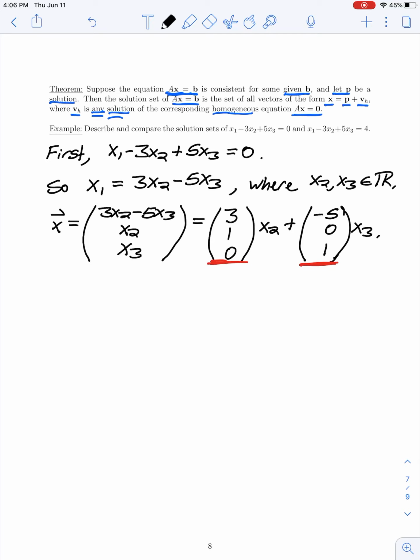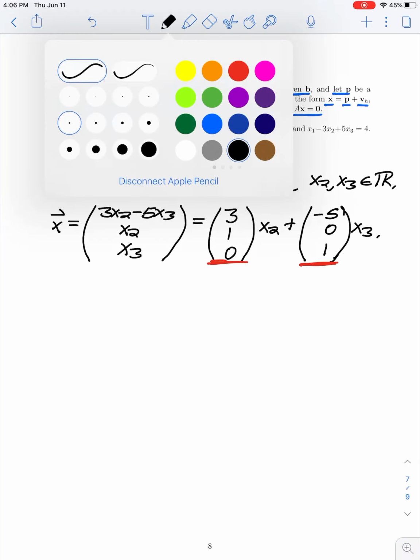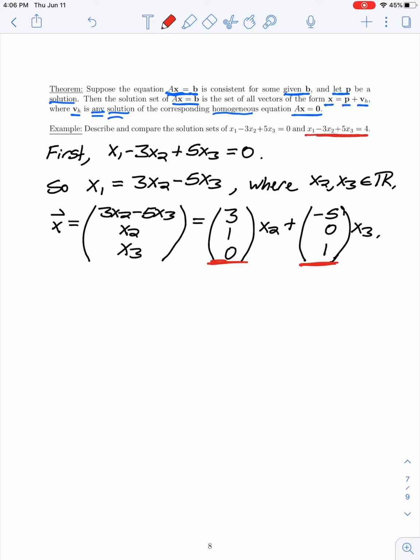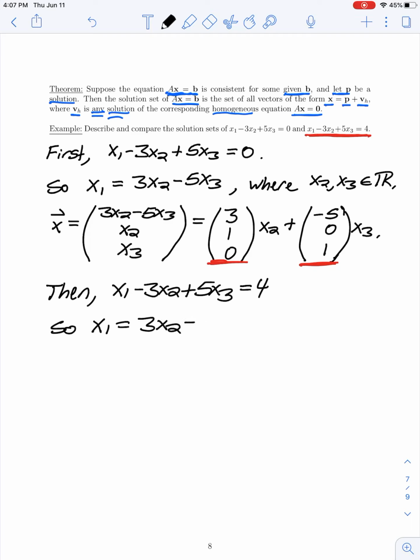Now, if we're comparing the solution set of this equation to the solution set of the corresponding non-homogeneous equation, where we set that same equation equal to 4, let's see how these compare. So if we had the equation x1 minus 3x2 plus 5x3 is 4, and we solve for x1 in terms of the other variables, we have 3x2 minus 5x3 plus 4.